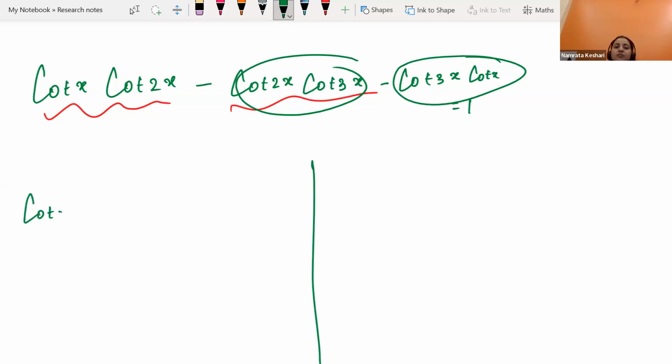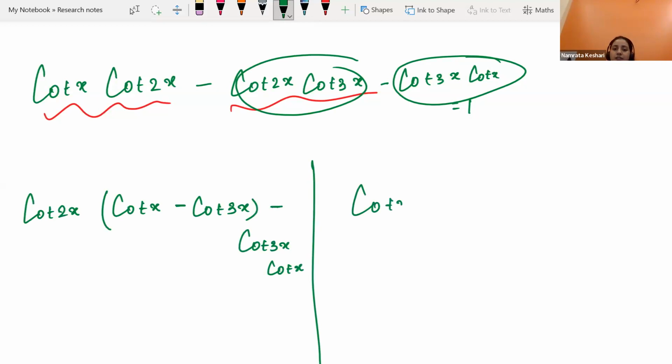So at first in our mind it clicked that cot 2x, let's take common and we will be having cot x, okay, remaining minus cot 3x remaining over here, and the other term will remain as it is, cot 3x cot x. The other thing which came to our mind initially is cot x cot 2x.